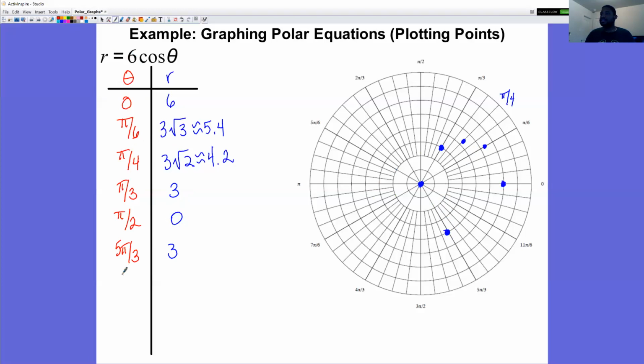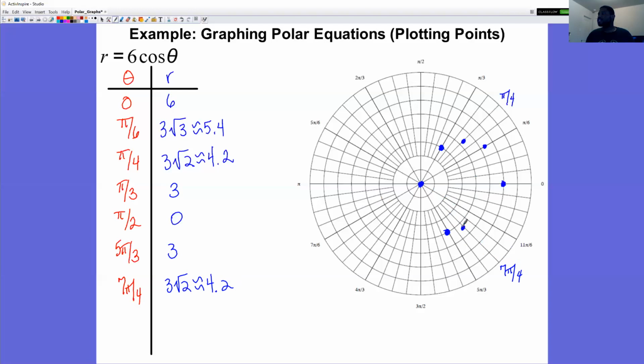And then at 7 pi over 4, we're going to get 3 square root of 2, which is 4.2. So here is 7 pi over 4. So 1, 2, 3, 4, and 0.2 units.